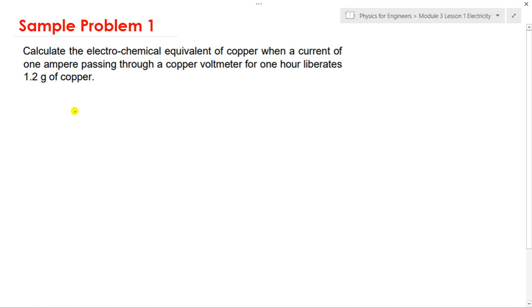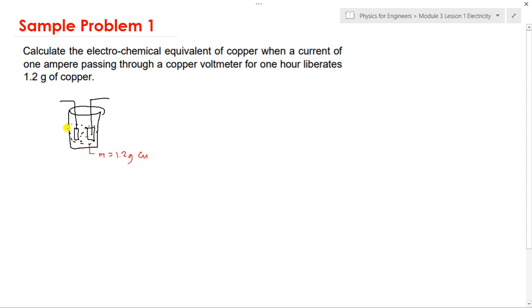Here we have a voltmeter, so passing through a copper voltmeter, basically it is an electrolysis apparatus. It passes through a copper solution. It generated some mass, 1.2 grams of copper, that is Cu.